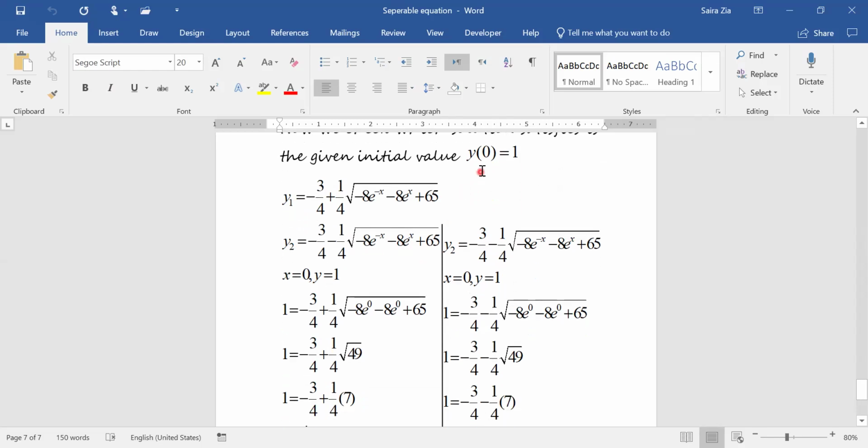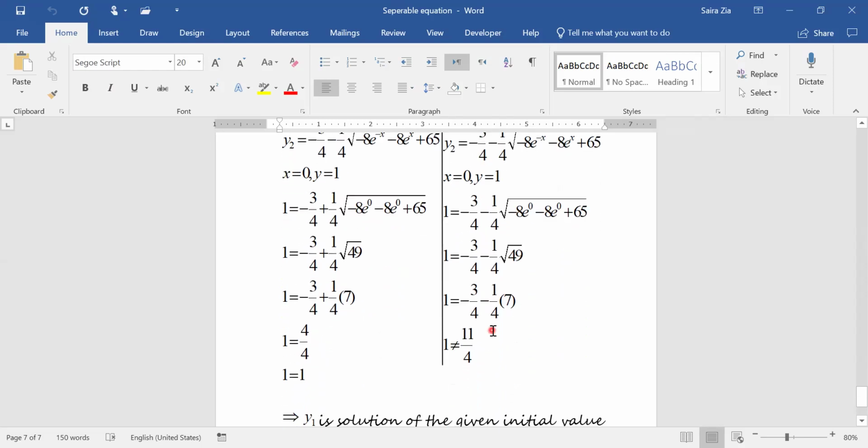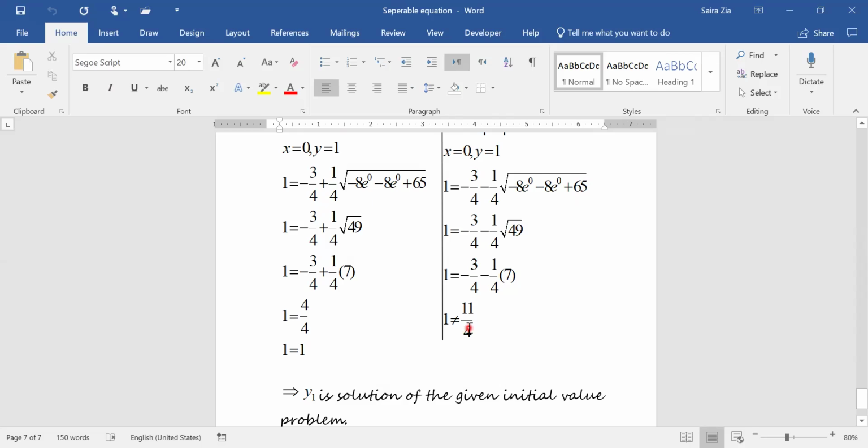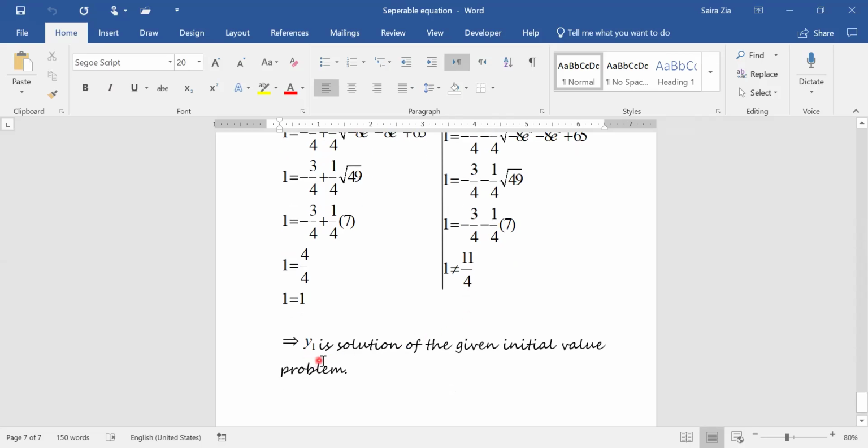So substitute the initial conditions in each of the solutions to see which one is satisfied. Here we get 1 equals to 1 on both sides for one, but for the negative one it was not equal, so they are different on the right hand side and left hand side. So we conclude that y1 is the solution of the given initial value problem.